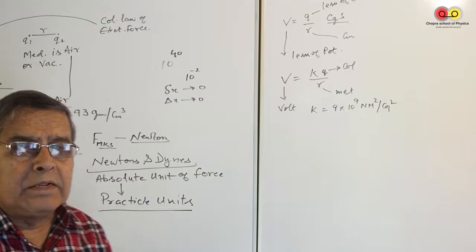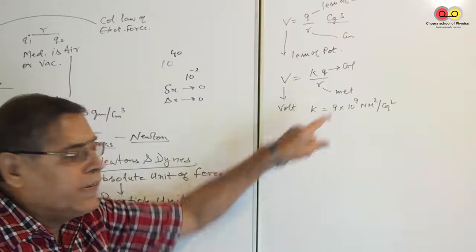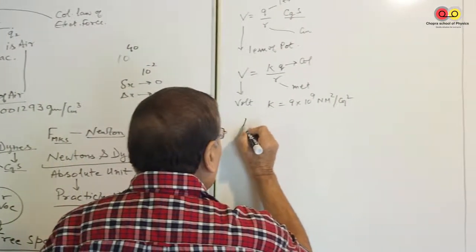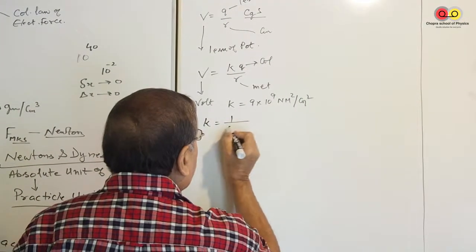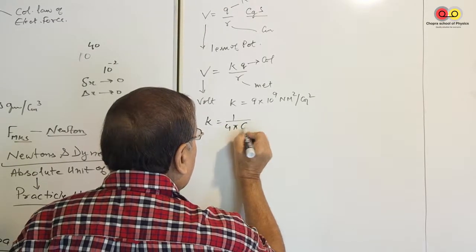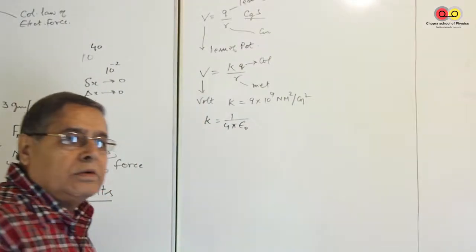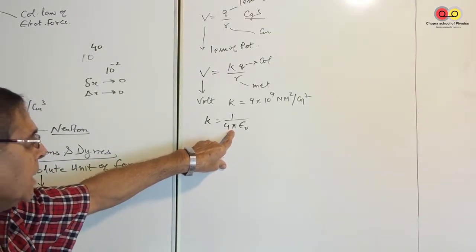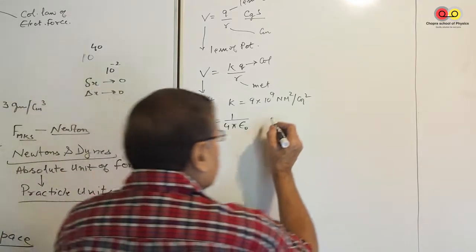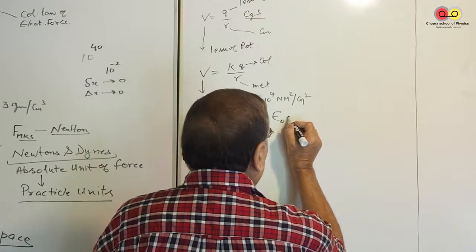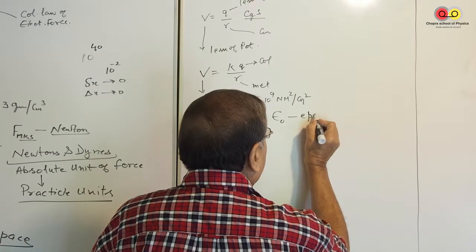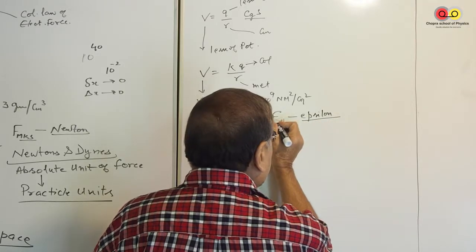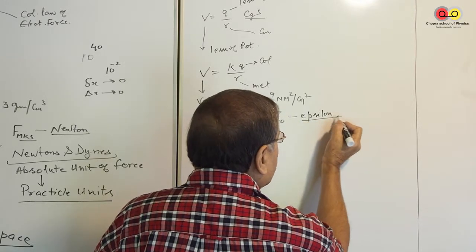You may be wondering how exactly we get this value. You will remember that the value of K is taken as 1 over 4 pi epsilon naught. I have written electrical constant, pi is constant, epsilon naught. This symbol is normally known as epsilon, and this is 0, so epsilon naught.